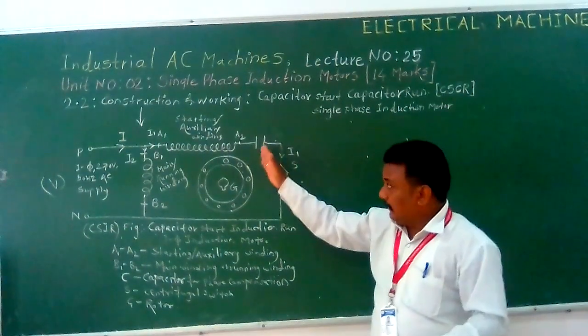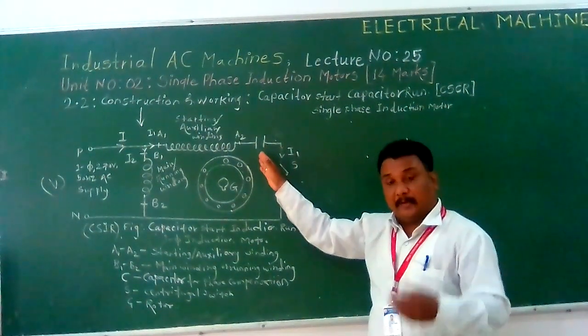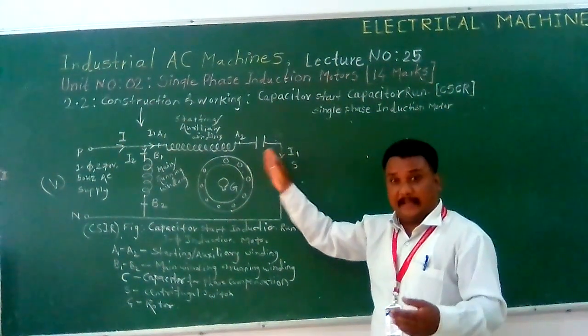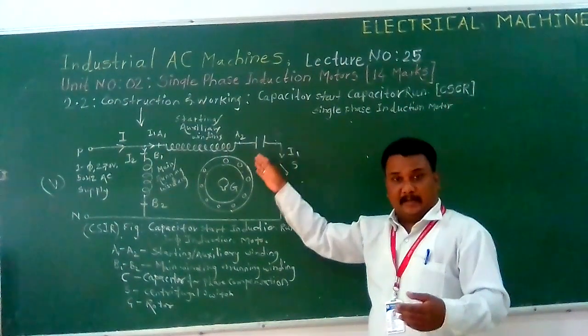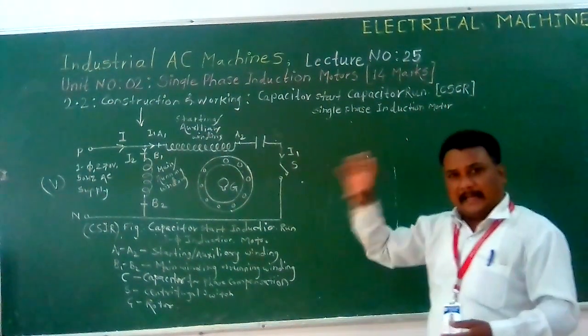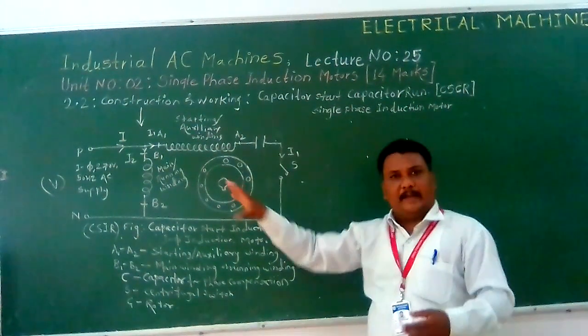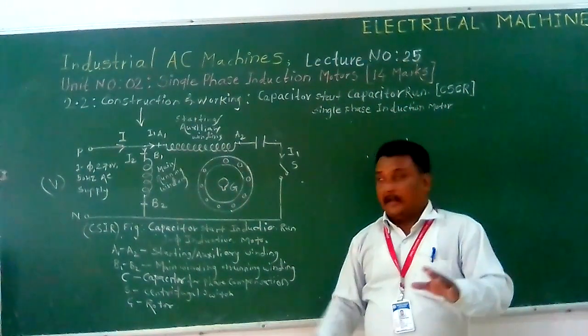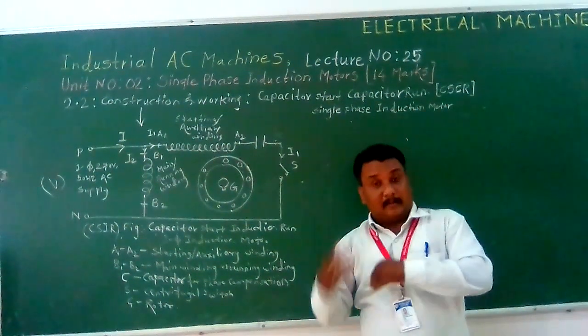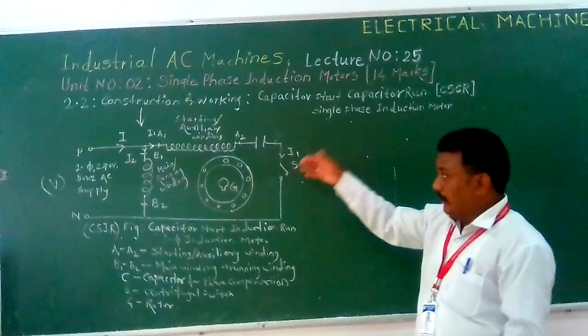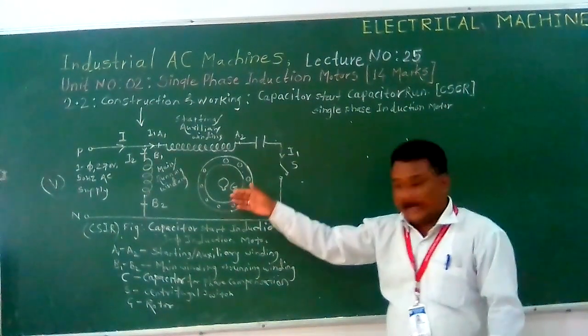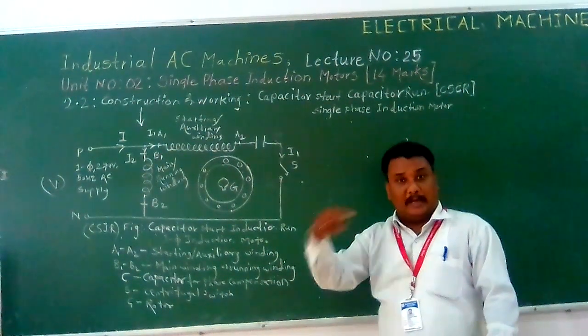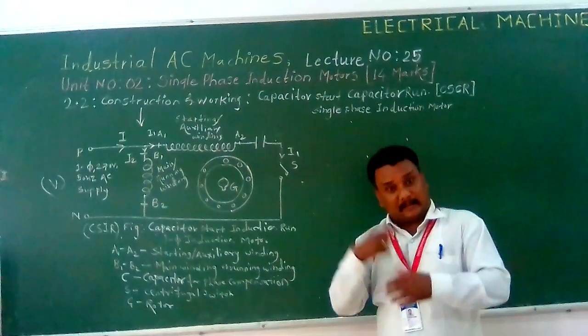The previous diagram is kept here for reference, because the construction is very simple, with some modifications made to the capacitor start induction motor. So we first see its construction.